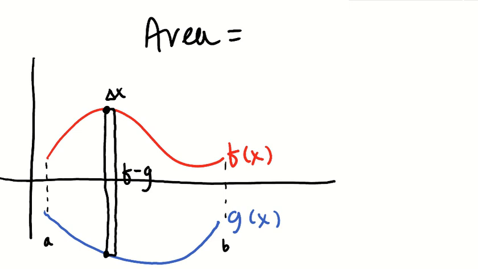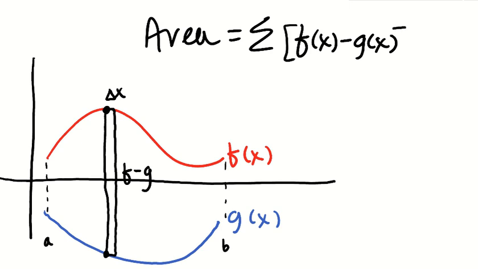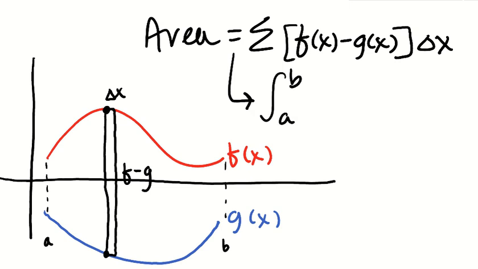So again, it'll be the sum of these f of x minus g of x's multiplied by delta x, length times height, and we keep adding it up. As the number of rectangles goes towards infinity and the width of those rectangles goes towards 0, this will turn into an integral between a and b of f of x minus g of x dx.